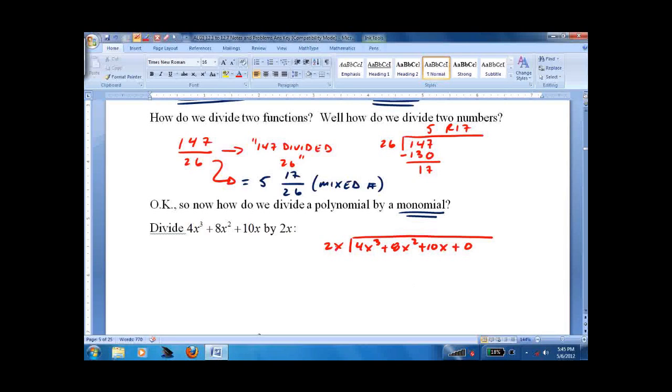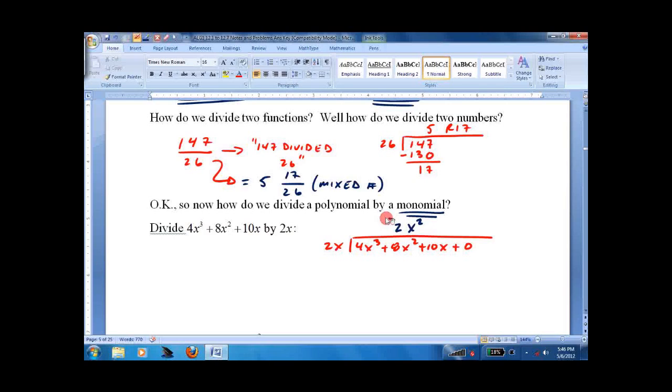Now, how many times does 2 go into 4? Twice. How many times does x go into x to the third? X squared. This causes untold confusion for students. So, what I do is I just take my best guess.